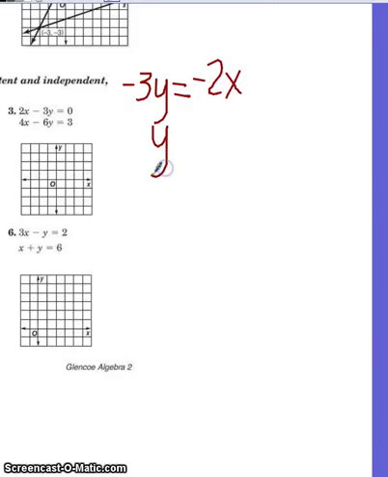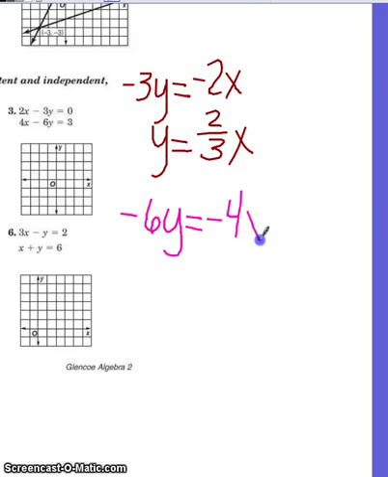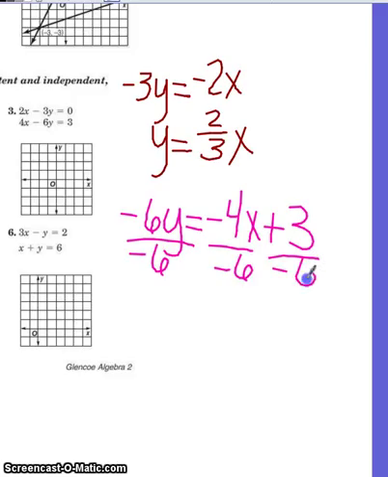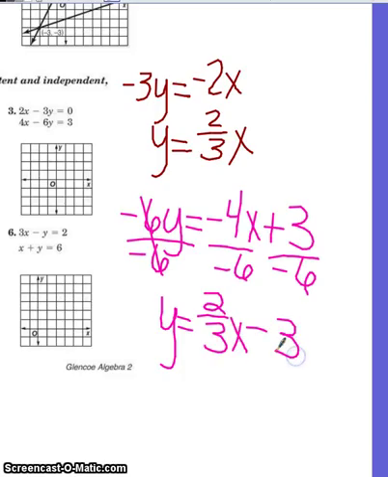So that's really y equals 2/3 x, and it's positive because a negative divided by a negative is positive. Then I'm going to solve my other equation, which is negative 6y equals negative 4x plus 3. Divide everything by negative 6, and I'm going to have y equals 2/3 x minus 3, correct? I'm sorry, that should be a minus 2.